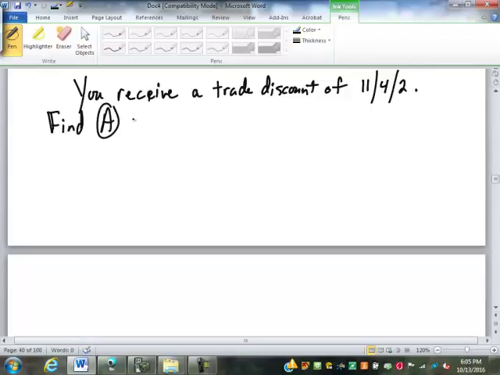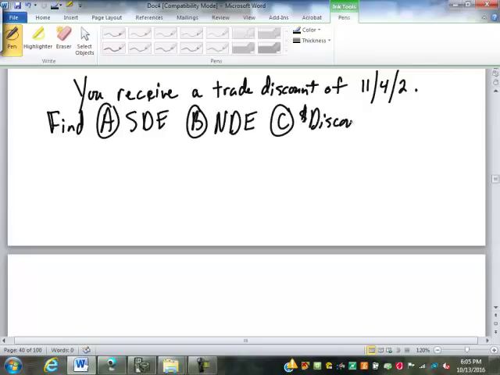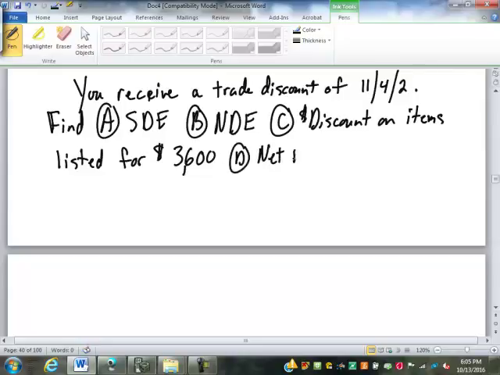Find A, the single discount equivalent, B, the net decimal equivalent, C, the dollar discount on items listed for $3,600, and D, the net price on those same items. I'm going to pause this and let's try that in your notes.